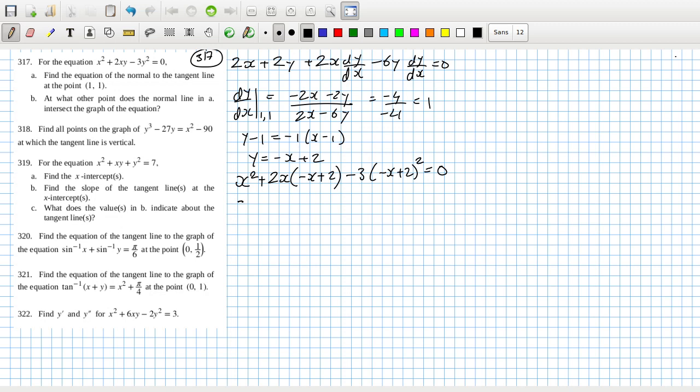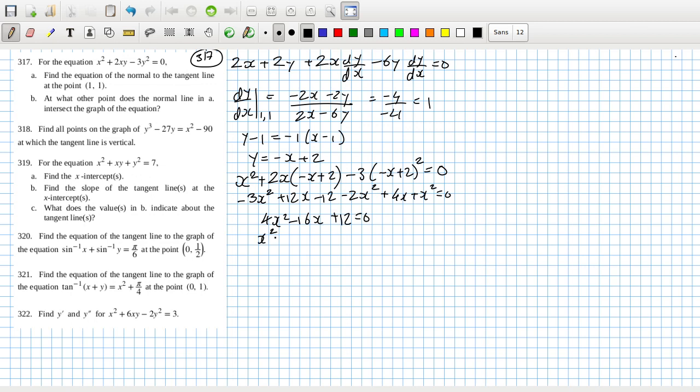So that's minus 3x squared, and then plus 12x, minus 12, minus 2x squared, plus 4x, plus x squared equals 0. So minus 4x squared, 16x, plus 12.